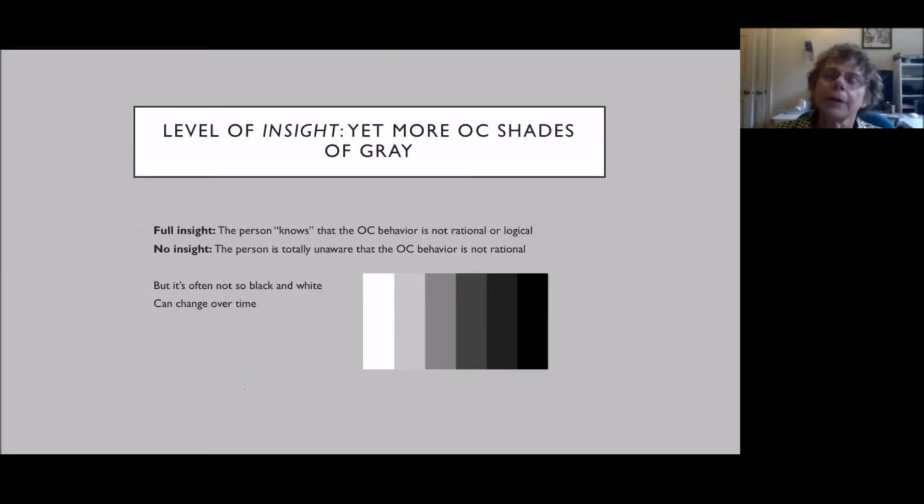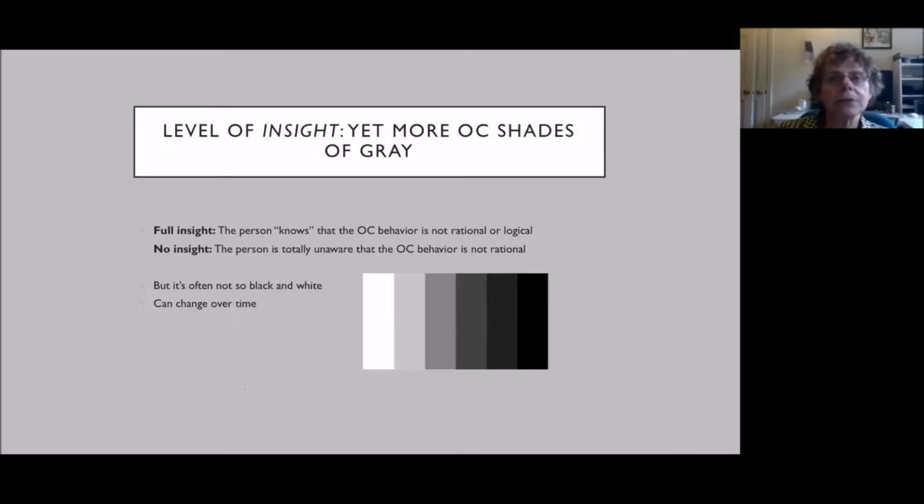Another important thing to understand is that insight and level of insight is not completely black and white either. Full insight is when the person knows that the behavior isn't rational or logical, but just can't stop it, can't stop doing it, can't stop thinking it.